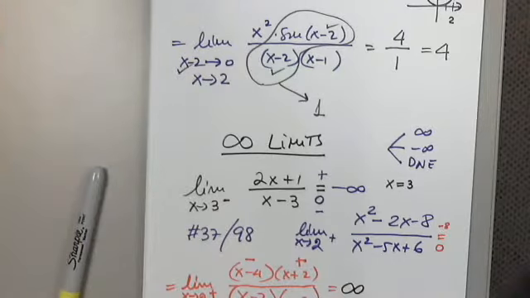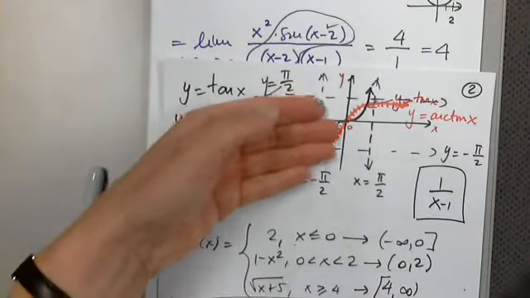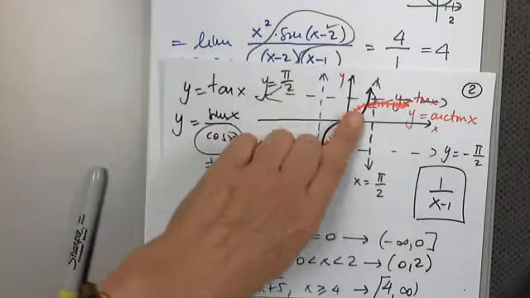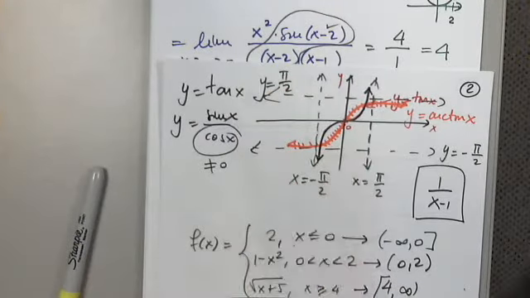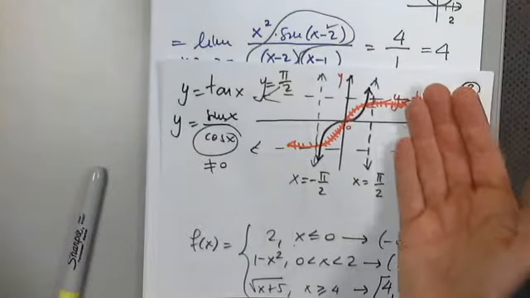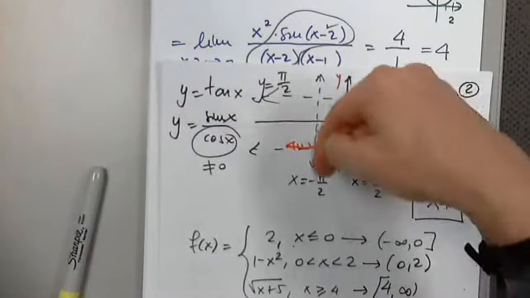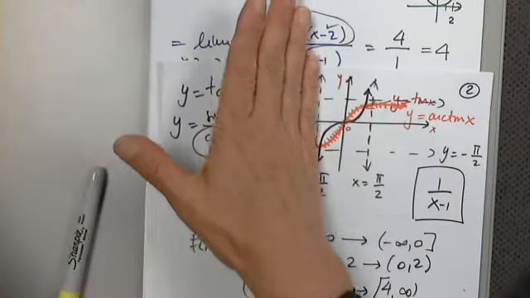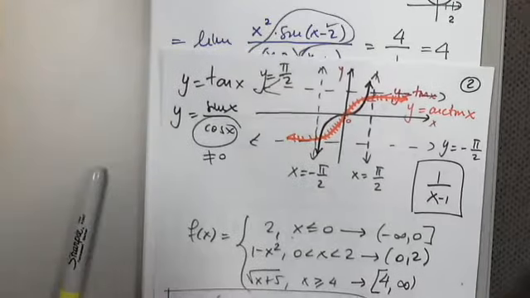Remember, I asked you, now I can't find it, okay, here it is. So vertical asymptote, correct. As x approaches pi over 2 from the left, the function values go to infinity. x equals pi over 2 is a vertical asymptote. As x approaches negative pi over 2 from the right, the function values go to negative infinity. Therefore, there is a vertical asymptote, x equals negative pi over 2.